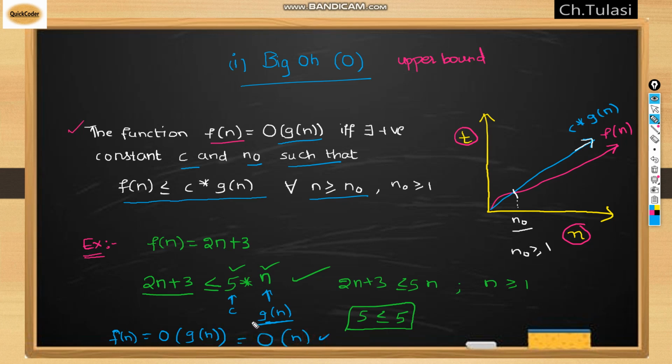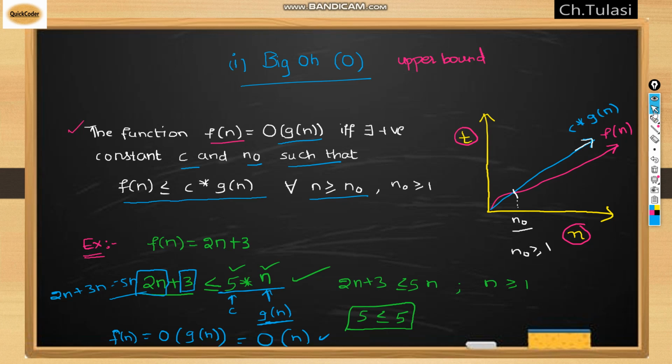That's it. We can also find this c value by taking the fastest growing term and keeping n for the 3 also: 2n plus 3n gives 5n. That's it about big O notation.